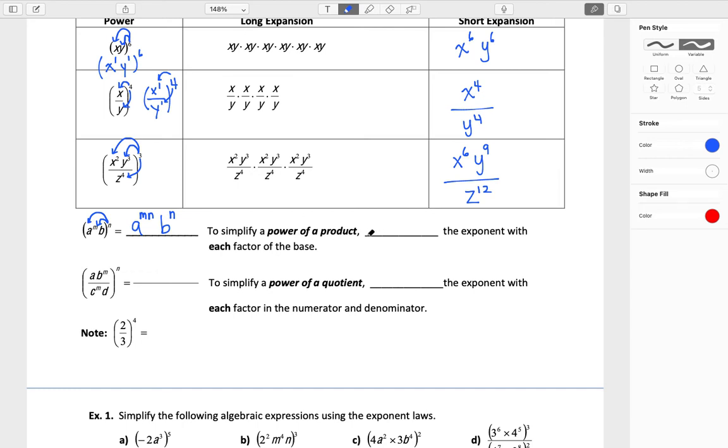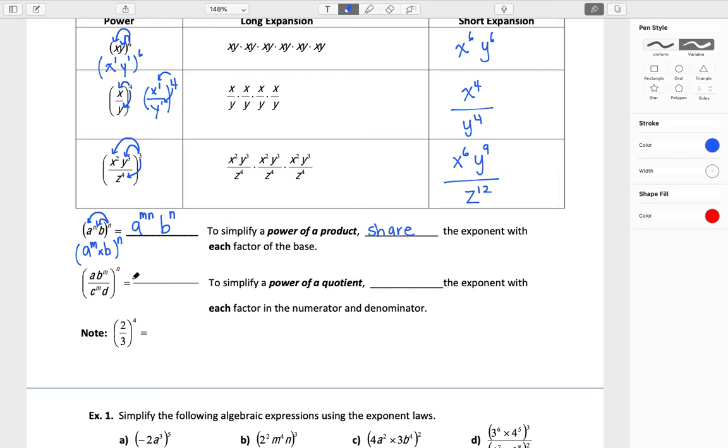So what you're going to do to simplify a power of a product, because it's a to the m times b, right? When they're right beside each other, the multiplication is hidden. They share the exponent with each factor of the base.